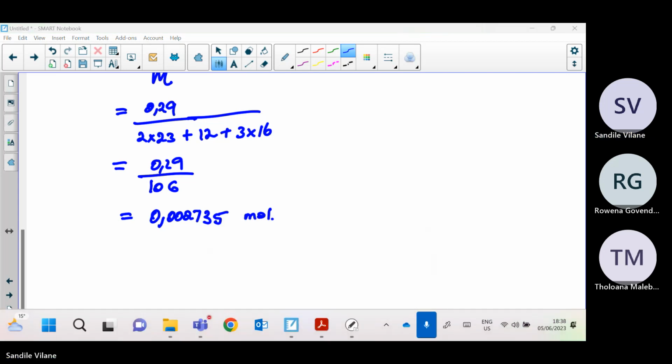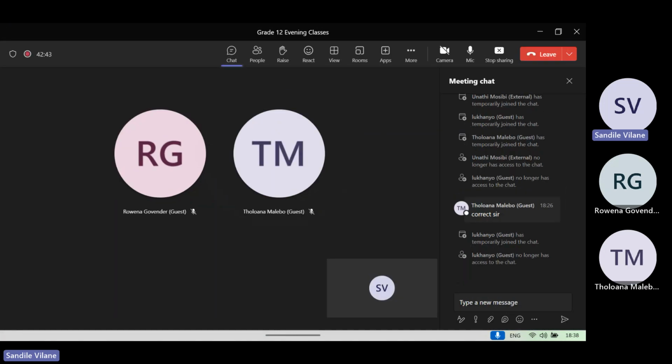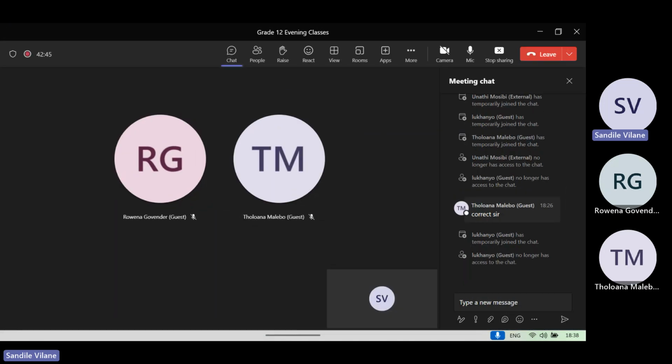Tolwana: So would you recommend us keeping the answer in our calculators and then using it as it is instead of rounding off to like 5 or 4 decimal places for accuracy? Absolutely. Remember, in mathematics, Tolwana, you have what you call standard deviation.